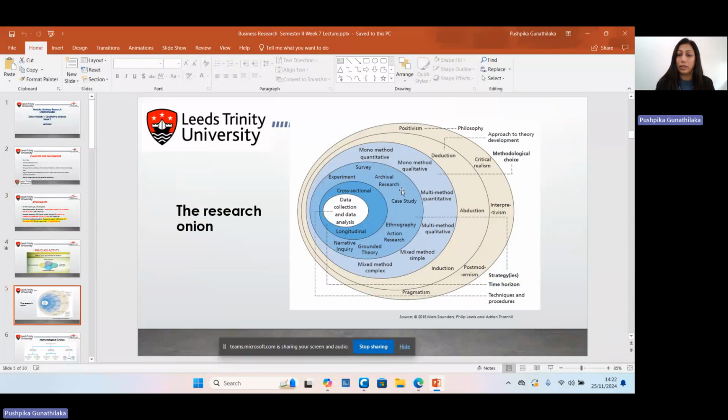And then in the fourth layer, it explains strategies, different ways and means of conducting research like experiments, surveys, archival research, case study. And then the time horizon in the next layer. And finally, data collection and data analysis is explained.